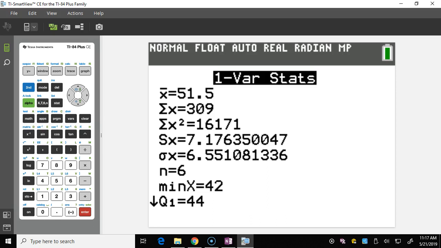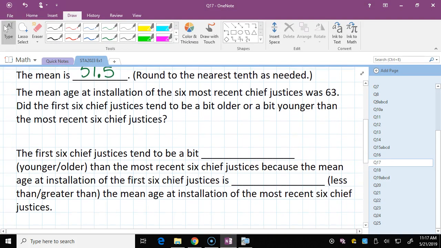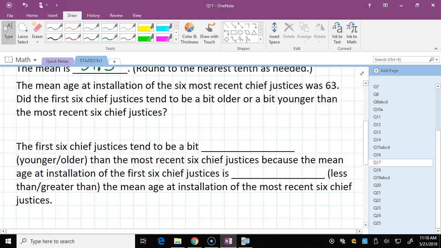All right. So let's go back to our OneNote. It says the mean age at installation of the 6 most recent justices was 63. Did the first 6 chief justices, that's the 51.5, tend to be older or younger than the most recent, which was the 63? So which one is it? Younger, right?